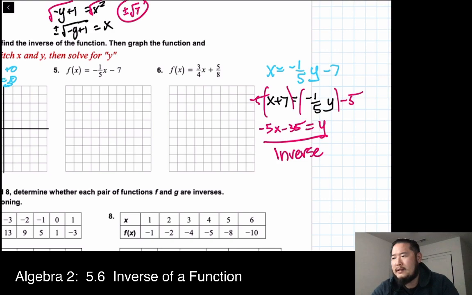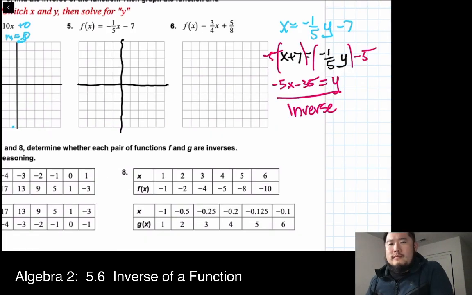I guess for good practice right here, we can draw out our function, our axis. All right, so let's take our parent function, or the original function. Looks like we're going to have to go intervals of 10 to make things work out a little bit better here.